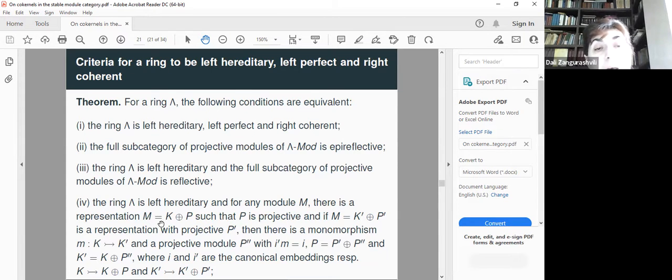The fourth condition asserts that the ring is left hereditary and for any module M there is a representation in the form of the direct sum of some submodule K and projective submodule P, which satisfies the following condition.